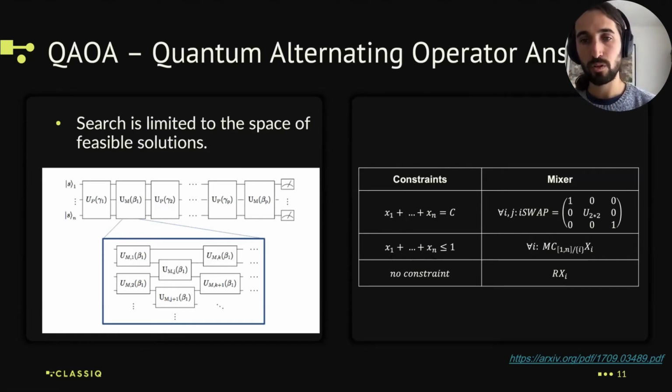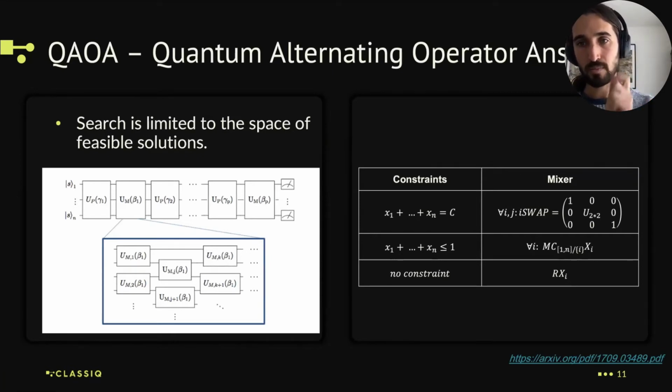If one of them is equal to 1, x1 has to be 0. So how are we going to mix here? Here we're going to make a multi-controlled gate. So for each qubit i, we're going to perform an X on qubit i if all the qubits from 1 to n except i equal 0. And if we have no constraint at all, we can just rotate around the x-axis.